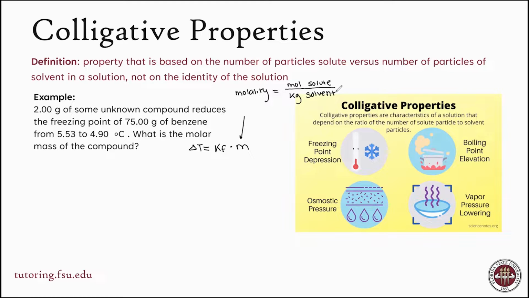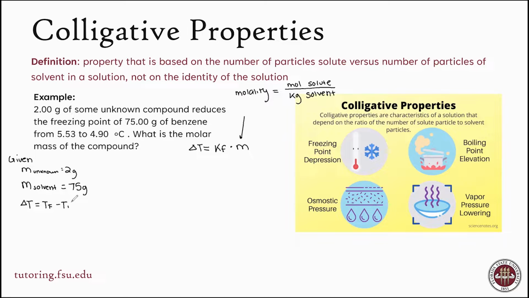Once again, what we're given is the mass of the unknown, which is 2 grams. And we're told the mass of the solvent, which is benzene, as the unknown is dissolved in benzene, which is 75 grams. And we're given a delta T, or a change in temperature, which is T final minus T initial.